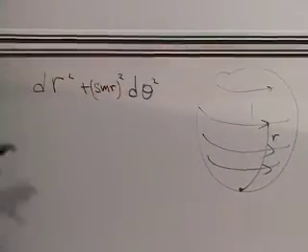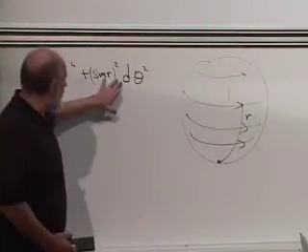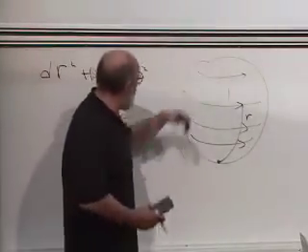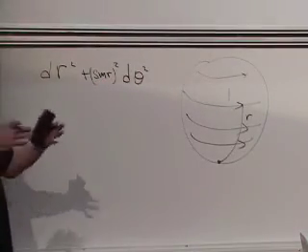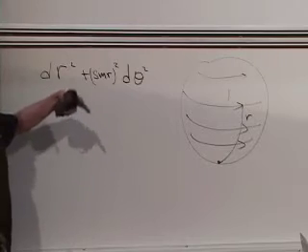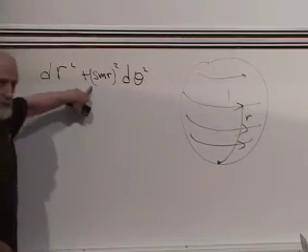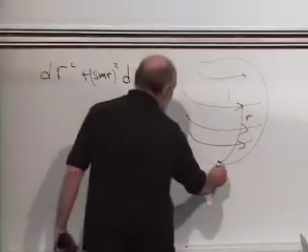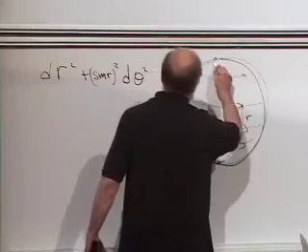What's happening is instead of sine of r just increasing like r, it increases and then it decreases. Sine is a function which increases and then decreases. It increases from 0 to pi over 2 and then decreases. That's why the sphere increases and then decreases.